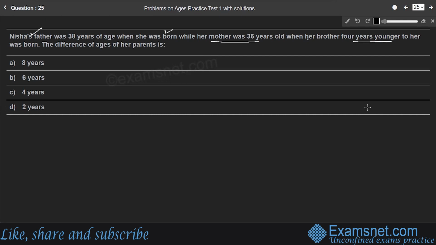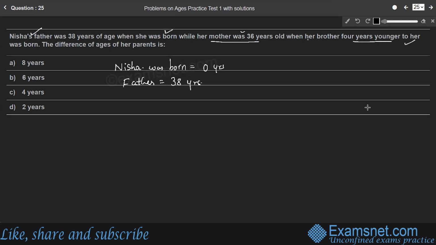So we'll consider Nisha when Nisha was born. Her age is obviously 0 years and her father was 38 years, while her mother was 36 years old when her brother, 4 years younger to her, was born.